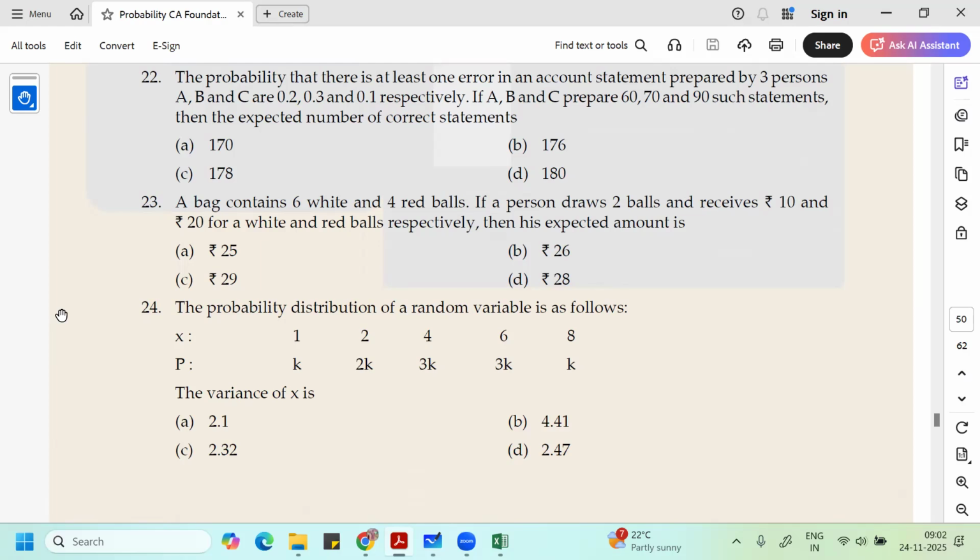Probability for 1 is 1 by 10, for 2 is 2 by 10, for 4 is 3 by 10, for 6 is 3 by 10, for 8 is 1 by 10. Just multiply the probability with the x value, and you will get the expected value. Then take the square of the x value and multiply again with the probability. That sum, minus the square of the expected value, will give you the variance.